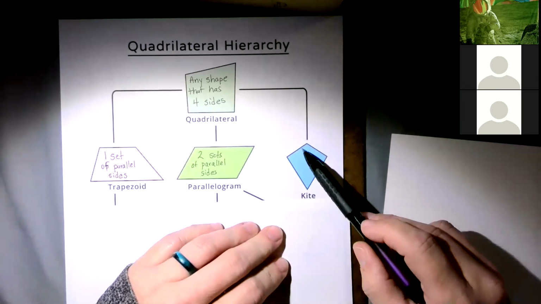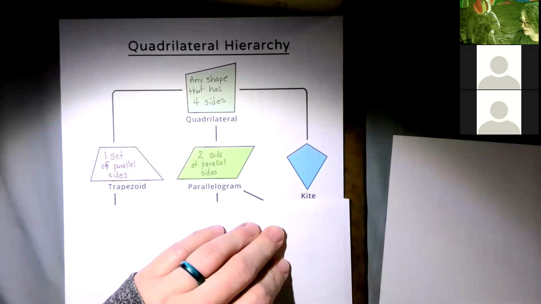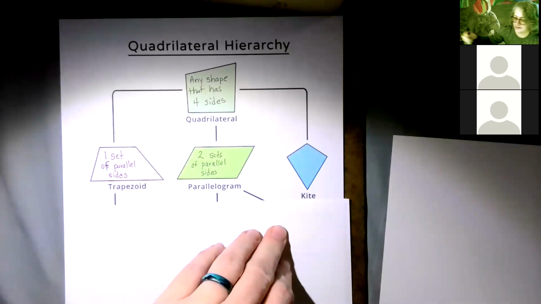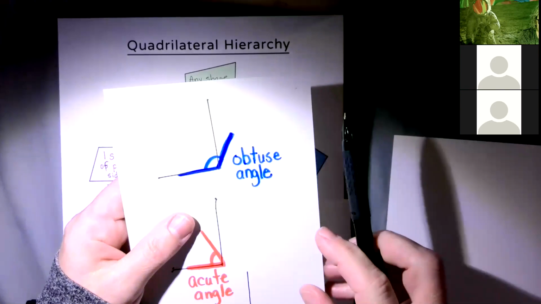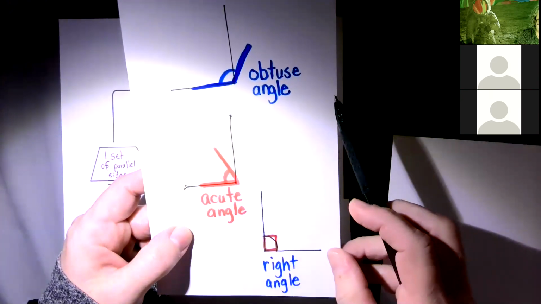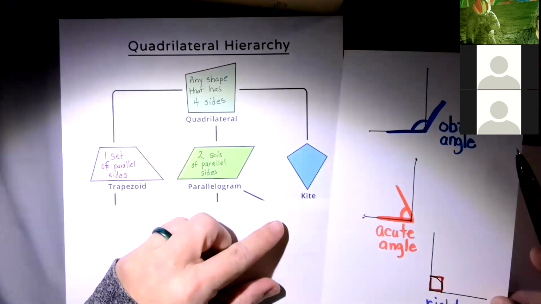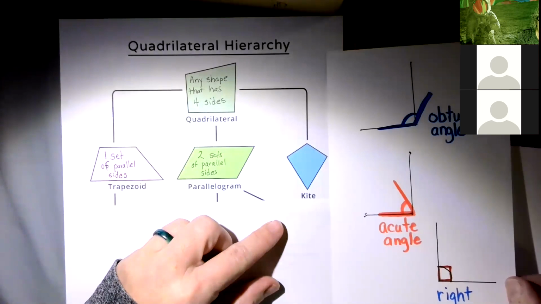Let's go this way. Is this a acute or obtuse angle right here? Remember, obtuse means it's wider than what a piece of paper corner would be, and acute is smaller. So looking at that, would you say that angle at the top is more obtuse or acute?